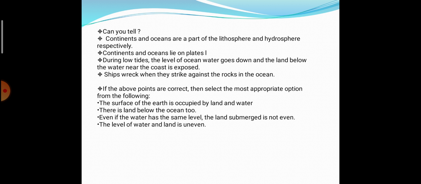Now, what are the first 4 points? The first: continents and oceans are a part of the lithosphere and hydrosphere respectively. Do we agree with this? Yes, because oceans form the hydrosphere and continents are included in the lithosphere. Second: continents and oceans lie on plates.